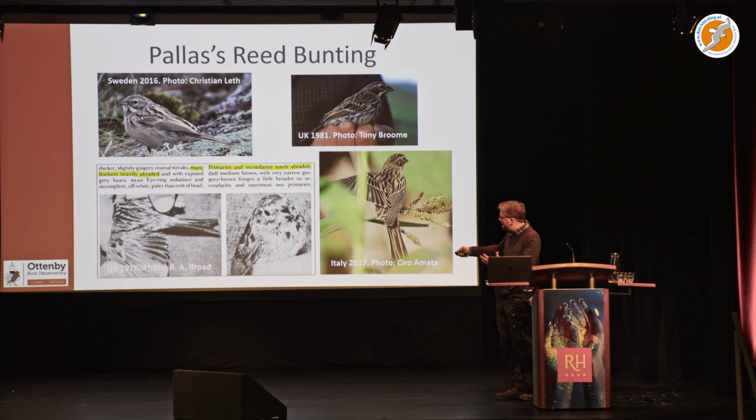It shows clear wear present in the wing in the photos here. And it was also noted in the description that many feathers were heavily abraded, and primaries and secondaries much abraded. So this is actually an adult bird. And as we know by now, even the adult birds leave the breeding grounds and start the autumn migration before the molt.